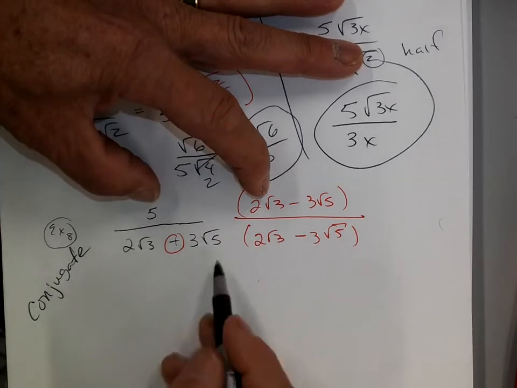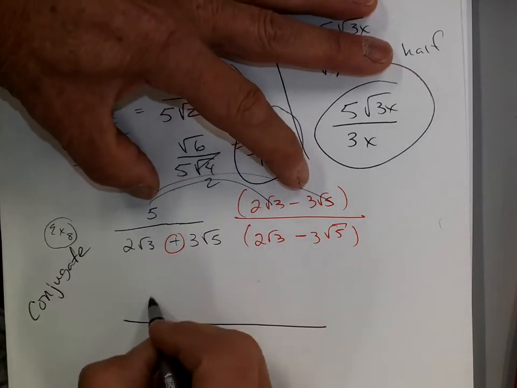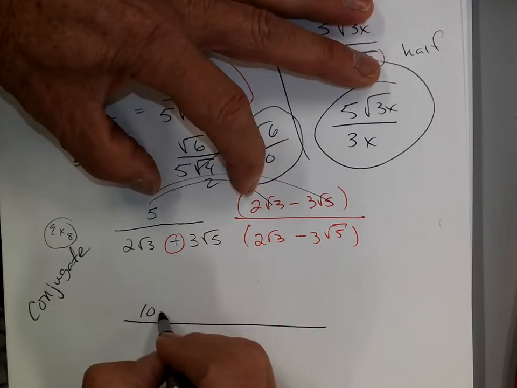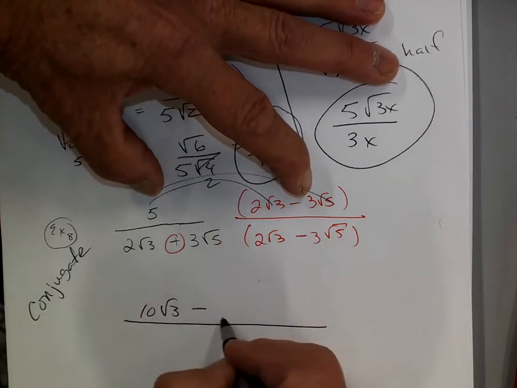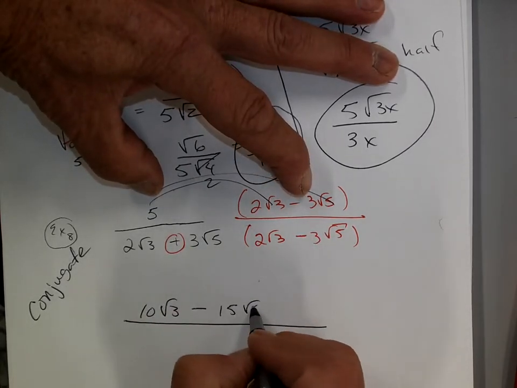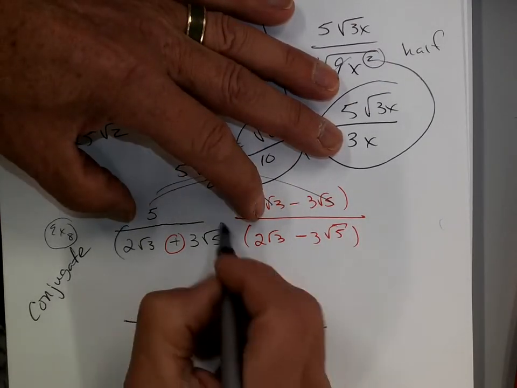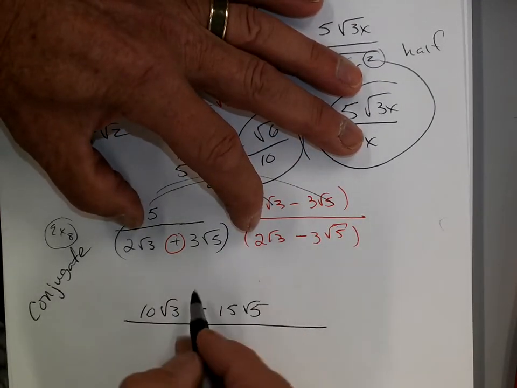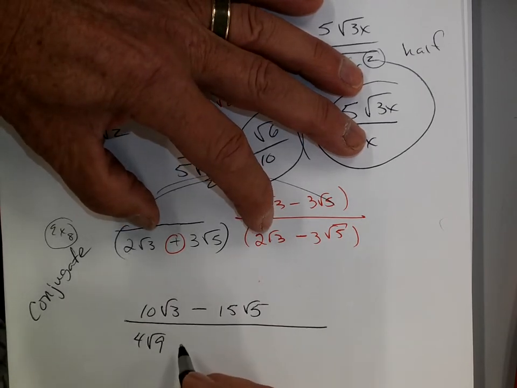Let's multiply. In the numerator, I'm going to get whole number to whole number, 10 square root of 3, minus whole number to whole number, 15 square root of 5. A square root comes along with it. And in the denominator, I'm going to FOIL. That times that: 2 times 2 is 4, square root of 9, square root to square root.